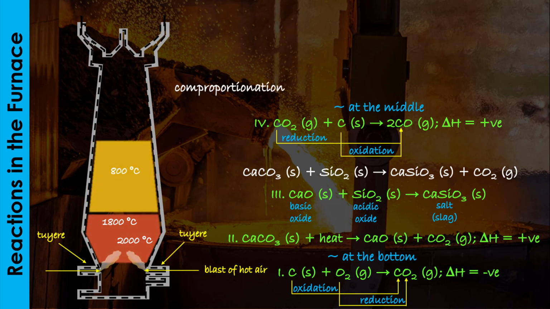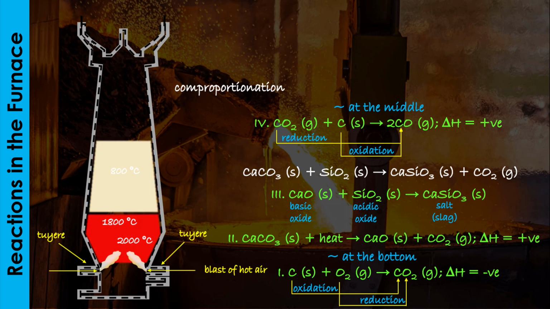This is a redox reaction in which the same element in the oxidizing and reducing agent undergoes changes in its oxidation state to form the same product. To learn more about redox reactions, watch our complete series on redox reactions. We have added the link in the description.